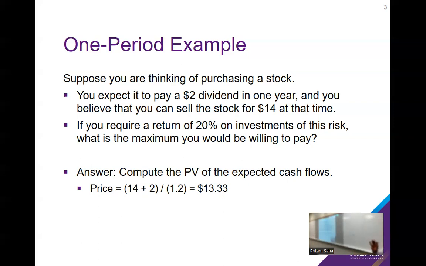Same present value formula, right? Nothing new. Make sense? Present value formula: cash flow in future divided by this rate. So value should be 13.33. You can think of it in terms of a bond, coupon and face value.